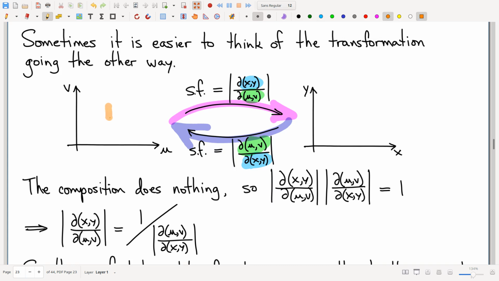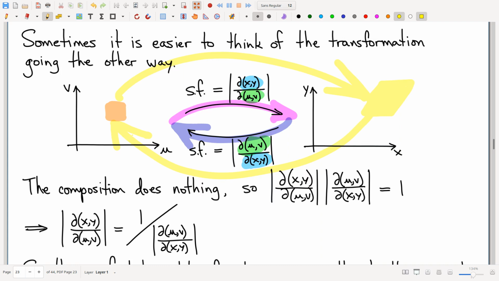If I were to take some little piece of area here, what would happen if I were to, oh gosh, color choices, I'll do this in yellow. If I were to push it forward, see what that new little image piece of area looked like, and then come on back. And keeping in mind that these functions are invertible. In fact, these are inverses of each other, right?